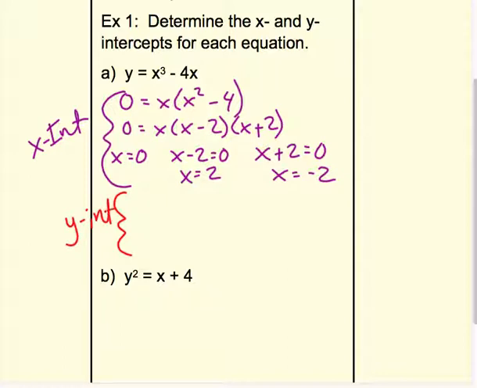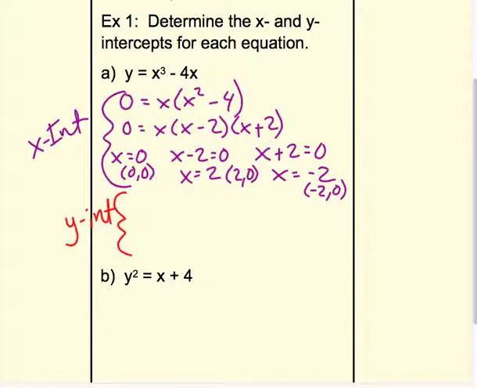Actually, let me back up one more step. Get used to writing your intercepts as ordered pairs so that you are able to easily graph it. What we're going to do tomorrow or shortly is use the intercepts to get an idea of what the graph looks like. So if we write those as ordered pairs, we'll more easily be able to plot those.